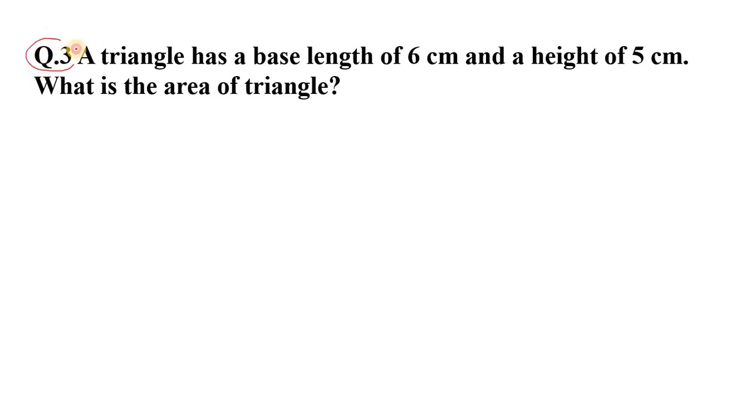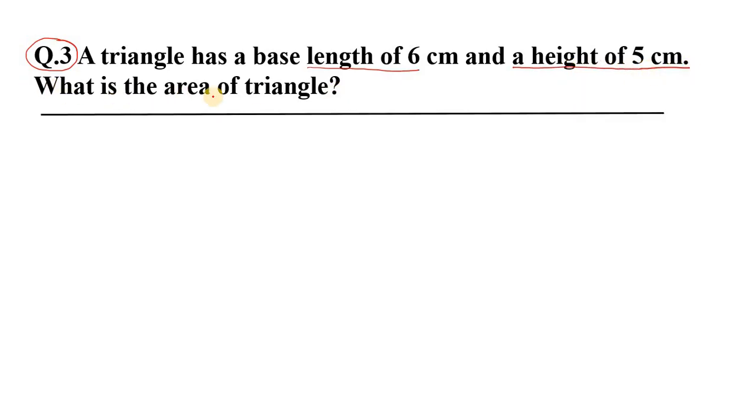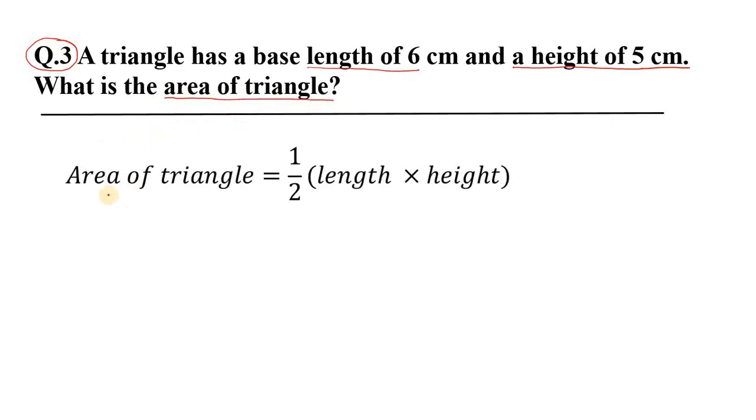Question number 3. A triangle has a base length of 6 centimeter and a height of 5 centimeter. What is the area of the triangle? Now we are required to find the area of the triangle. The formula for the area of a triangle is 1/2 multiplied by length multiplied by height.